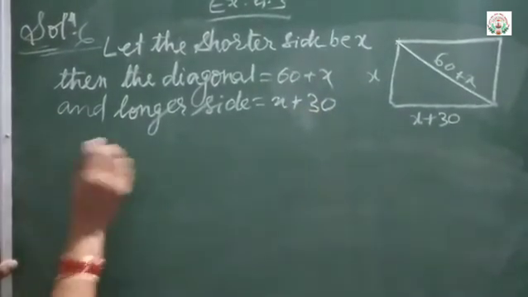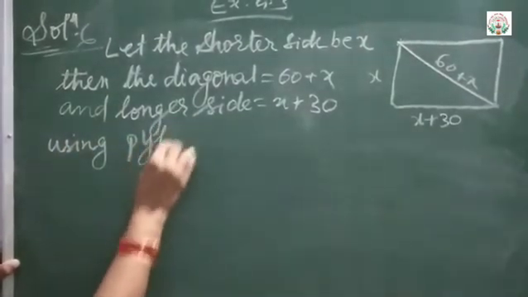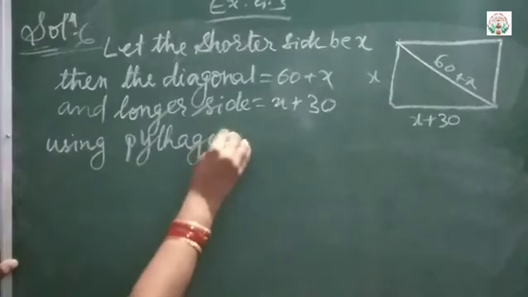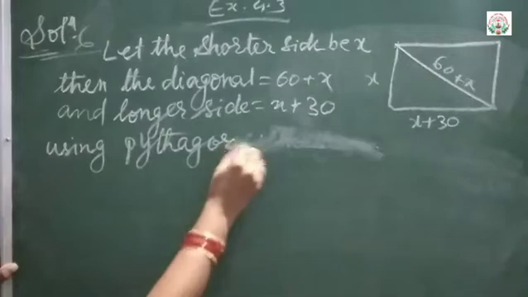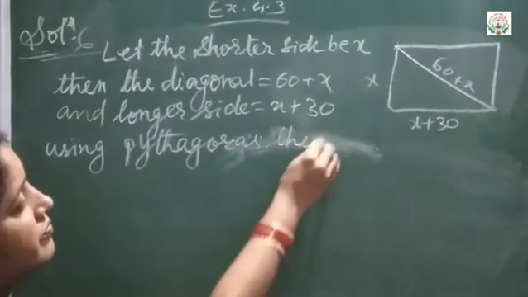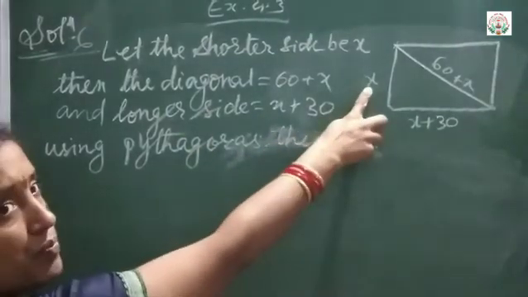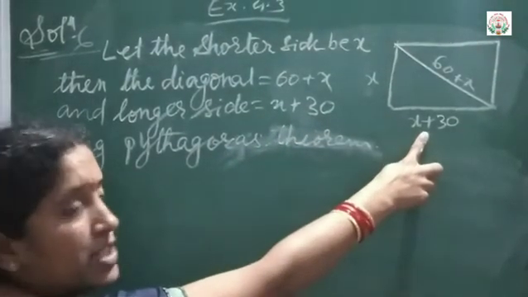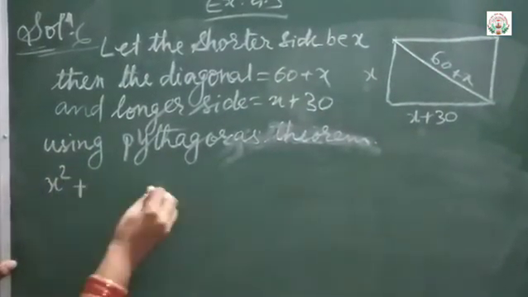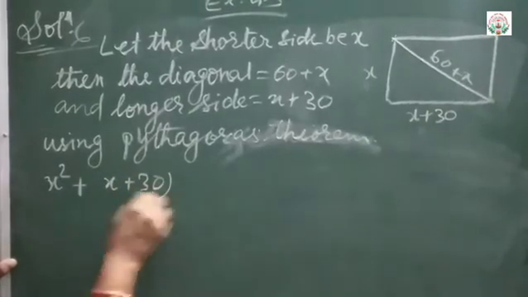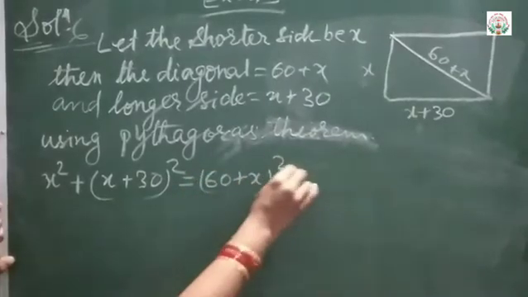Okay. Now using the Pythagoras theorem, perpendicular square plus base square equals hypotenuse square. So it will be x square plus (x plus 30) whole square equals (60 plus x) whole square.